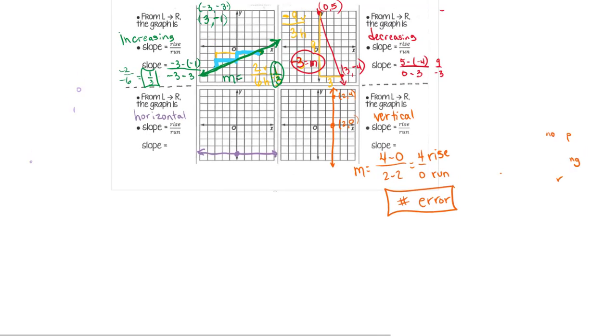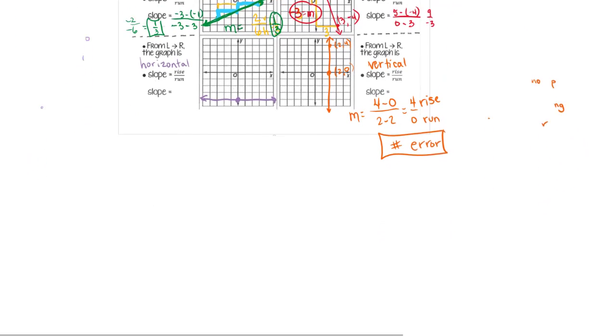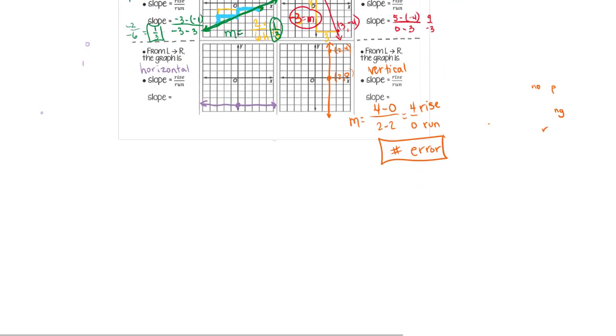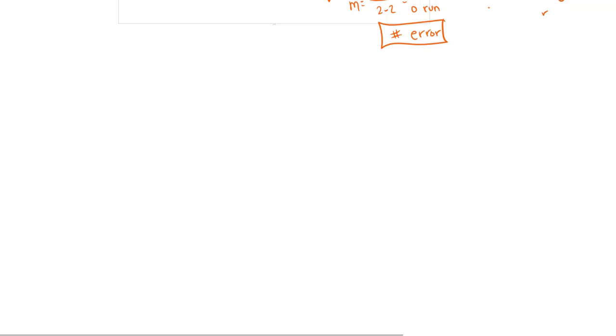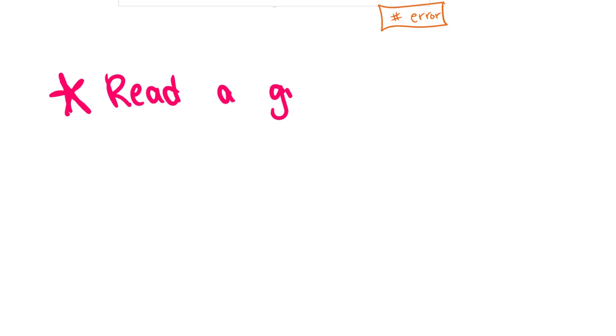So some other things I want you to add to your page, and this will go not on this actual foldable, but just on that page where you glue it into your journal. I'm going to emphasize for you here, read a graph from left to right.